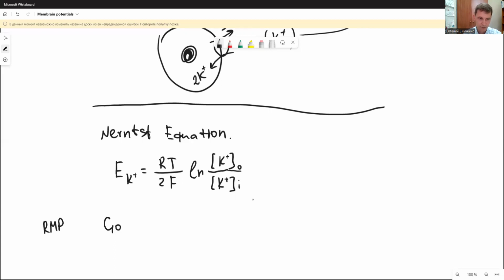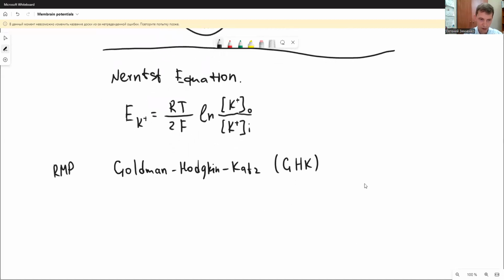We have to use another equation, Goldman-Hodgkin-Katz, or brief name, the GHK equation, and it looks as follows.